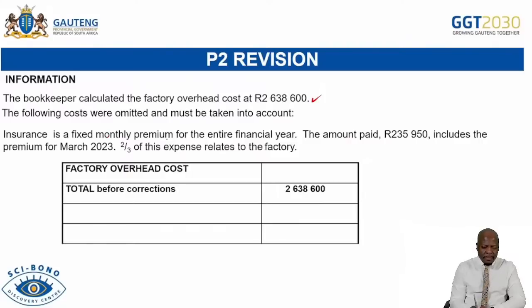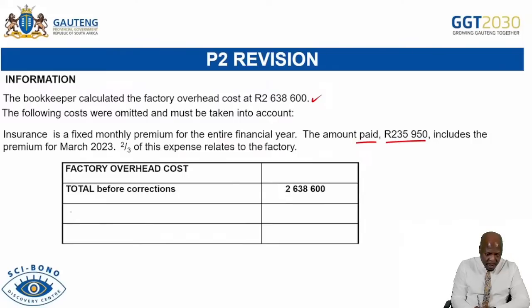Insurance is a fixed monthly premium, okay, for the entire financial year. The amount paid, you heard that, the amount paid, which is 235,950, includes the premium for March. Okay, 2/3 of this expense relates to the factory. Okay, so it's very key that you understand how to do that kind of an adjustment.